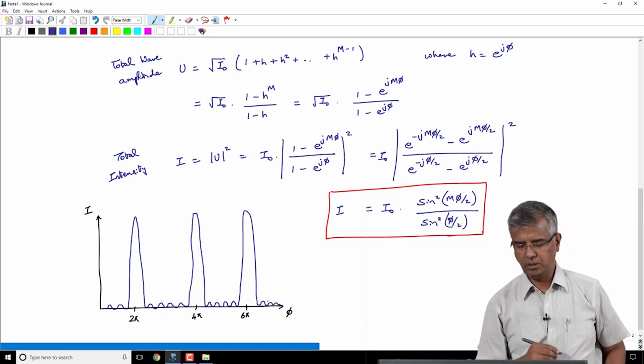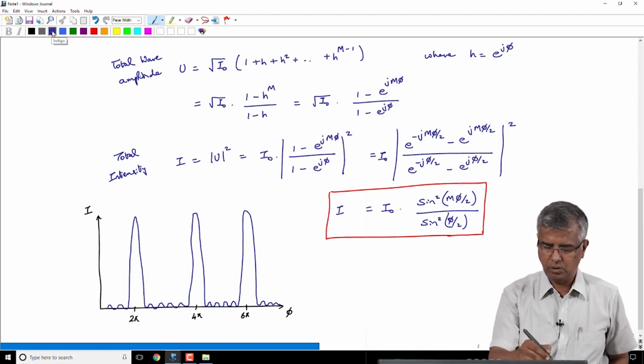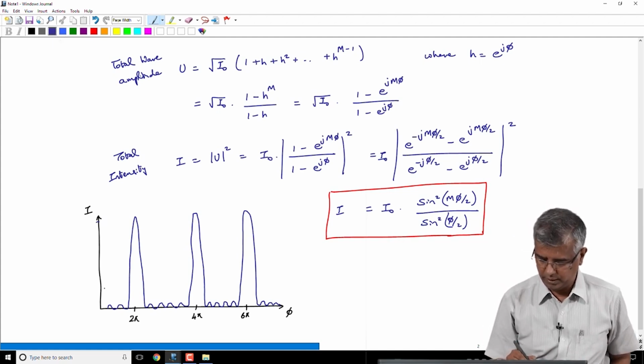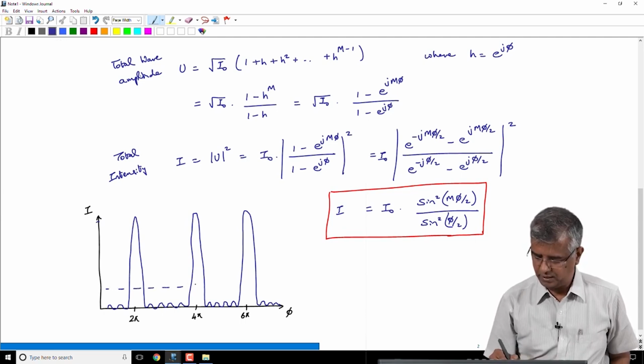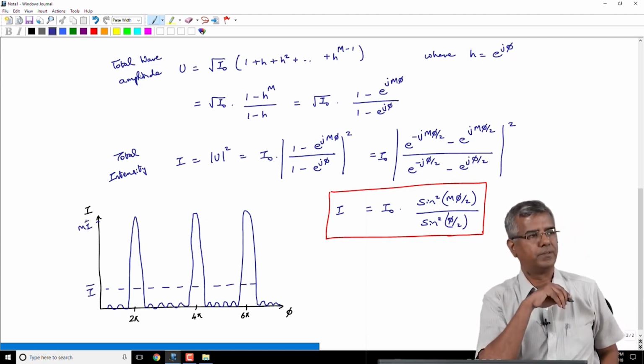Okay. So, it is going to actually take a peak value which is going to correspond to, let us say, the average intensity value is I bar. This peak will correspond to m times I bar, right.